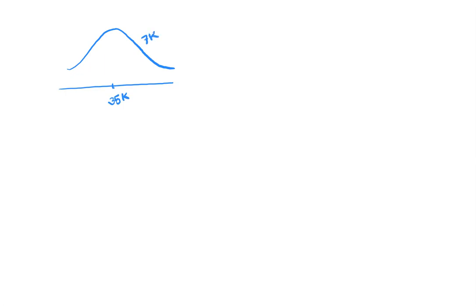Now, average income is 35,000 and standard deviation is 7,000. Again, in this example, I kind of emphasize the fact that income is normally not measured in terms of average, but rather median, okay?